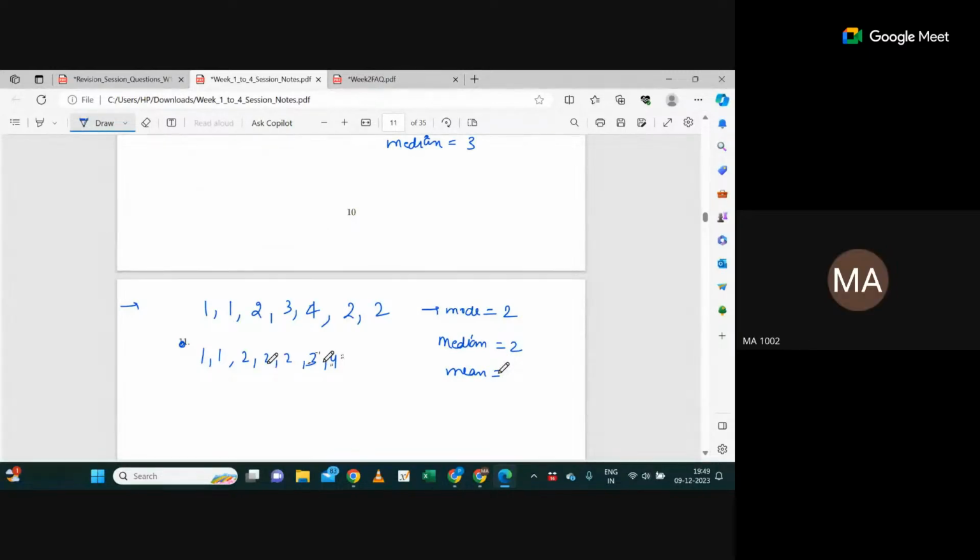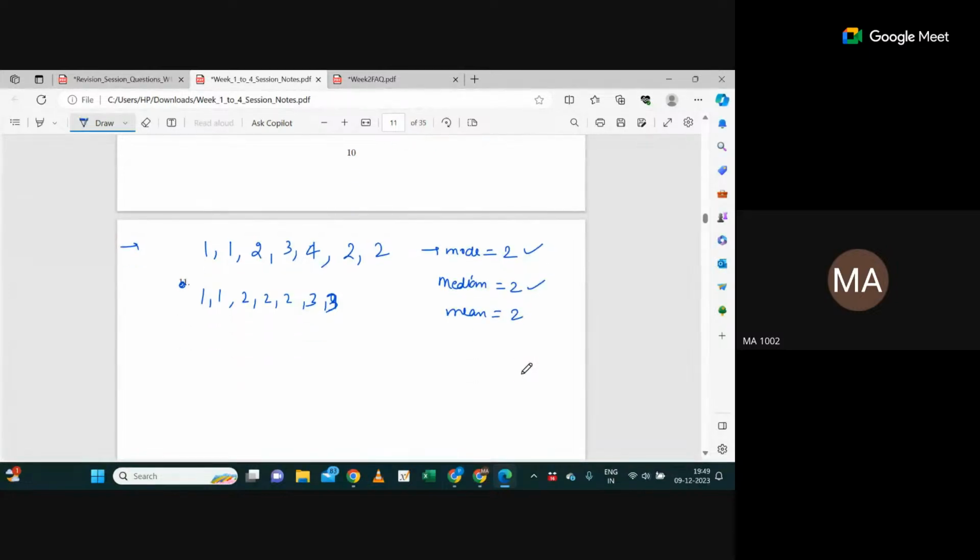Yes, sir. 15 divided by 7, so let's make it 3. Wait, the sum is 14, so 14 divided by 7, which is 2. So the mode is 2, the median is 2, and the mean is again 2, right?